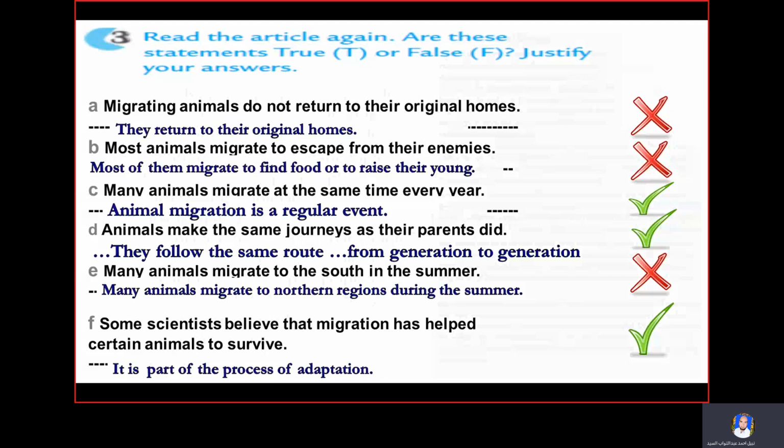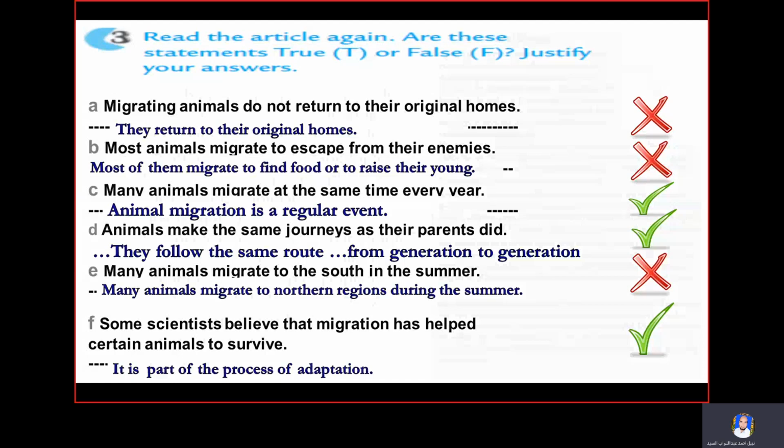Now, find words in the text which mean almost the same as. You are going to read the definitions or meanings and find the words which have the same meaning, in paragraph 1, paragraph 2, paragraph 3, paragraph 5. Okay?